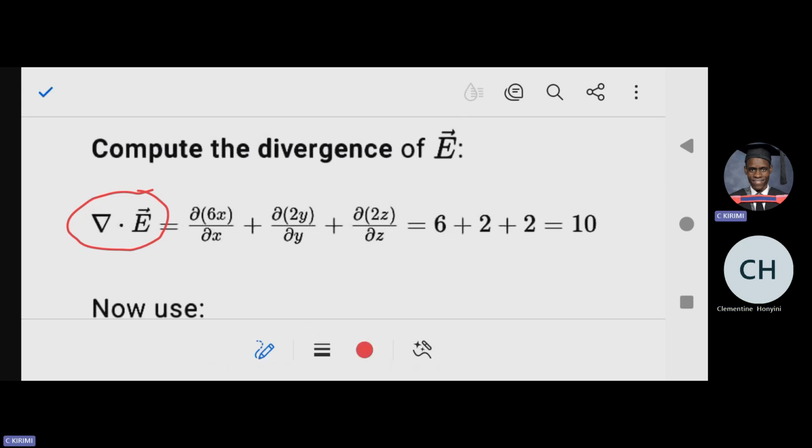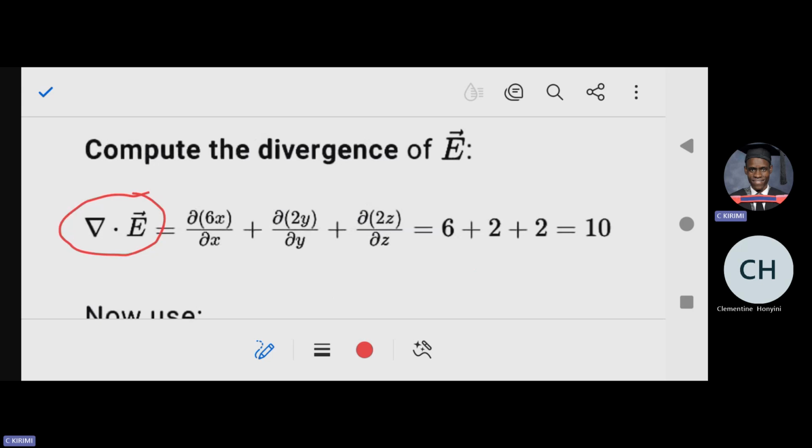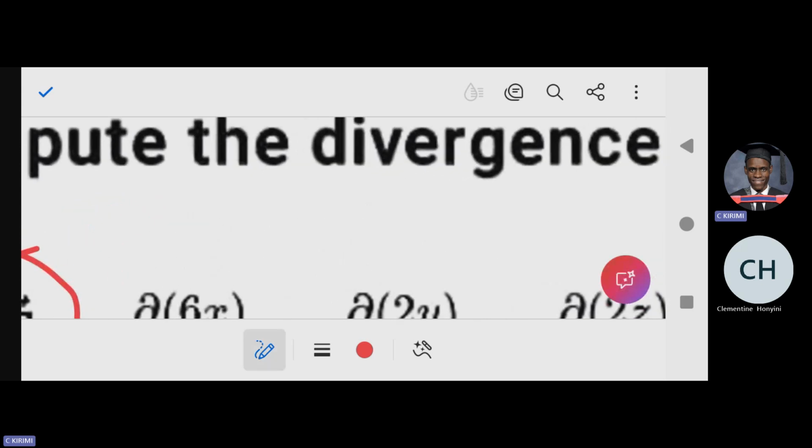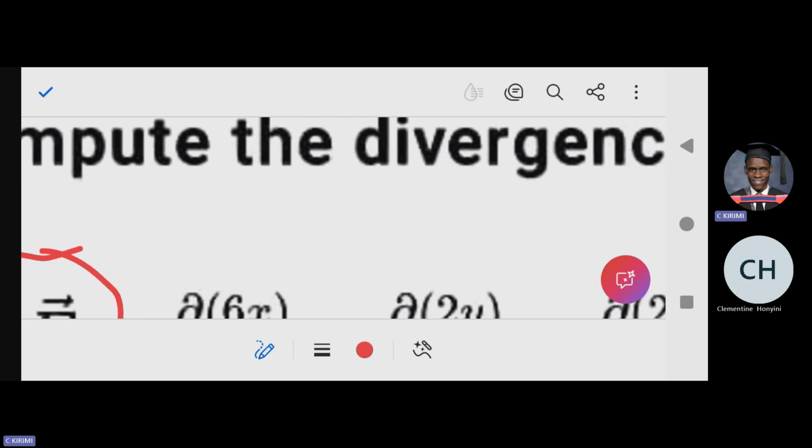So we differentiate, partial derivative. This grad means the same as what we've been doing in classical mechanics. Grad means partial derivative, partial x in the I direction. Whenever you see this symbol, what comes to mind? Partial derivative.